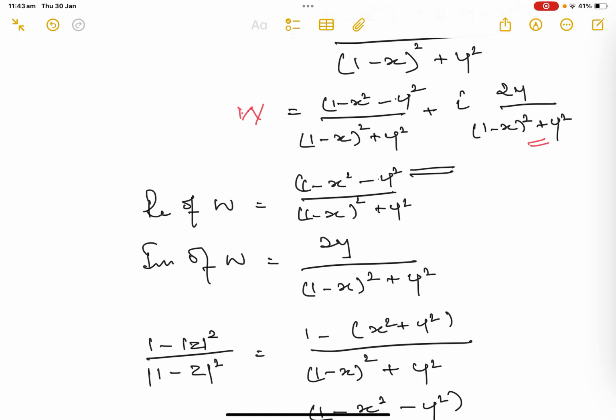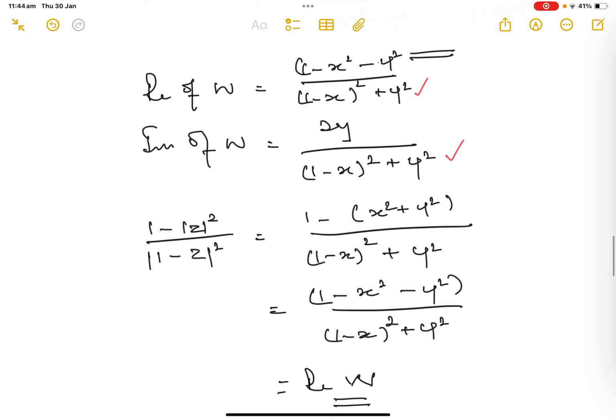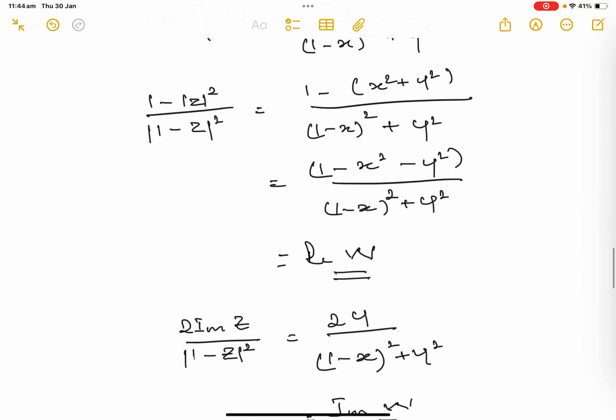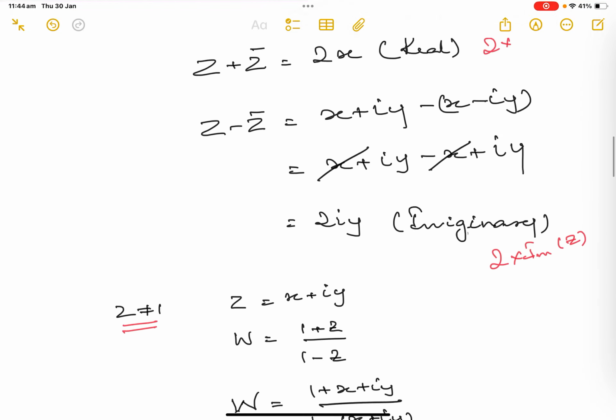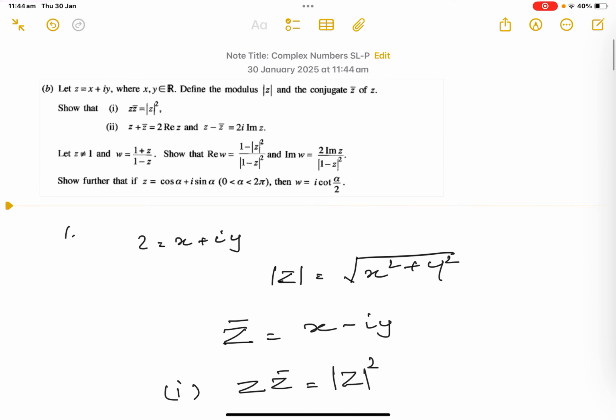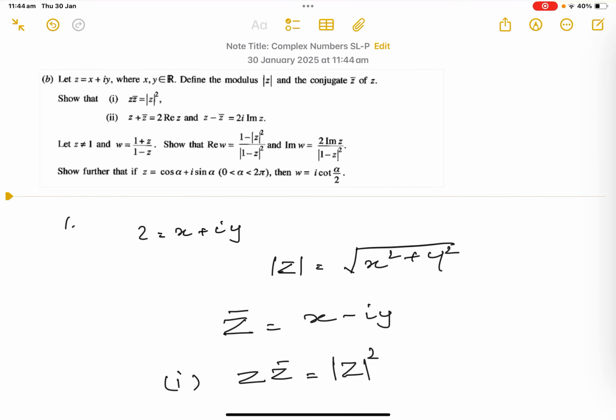So what we need to prove, again, this is the real part, this is the imaginary part. We need to prove 1 minus modulus z squared over modulus of 1 minus z squared. Okay. So that's the question. So we need to prove that the real part of w is equal to that.